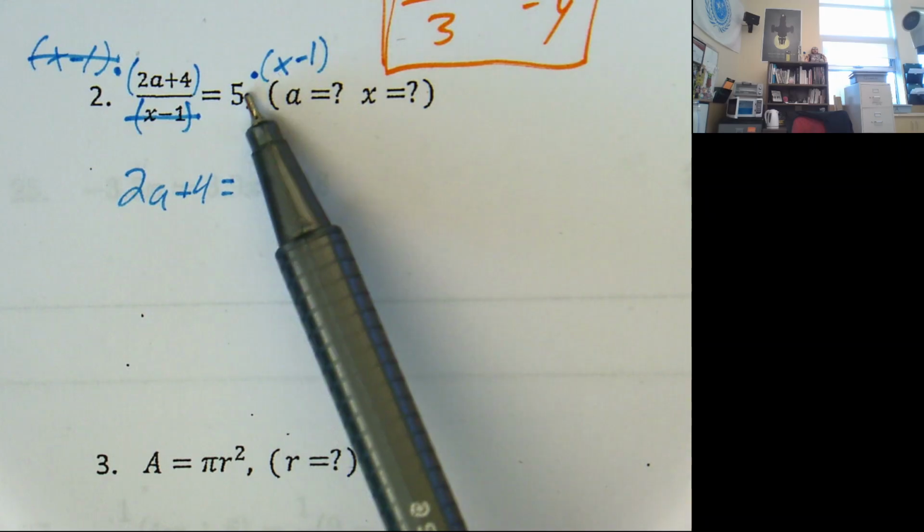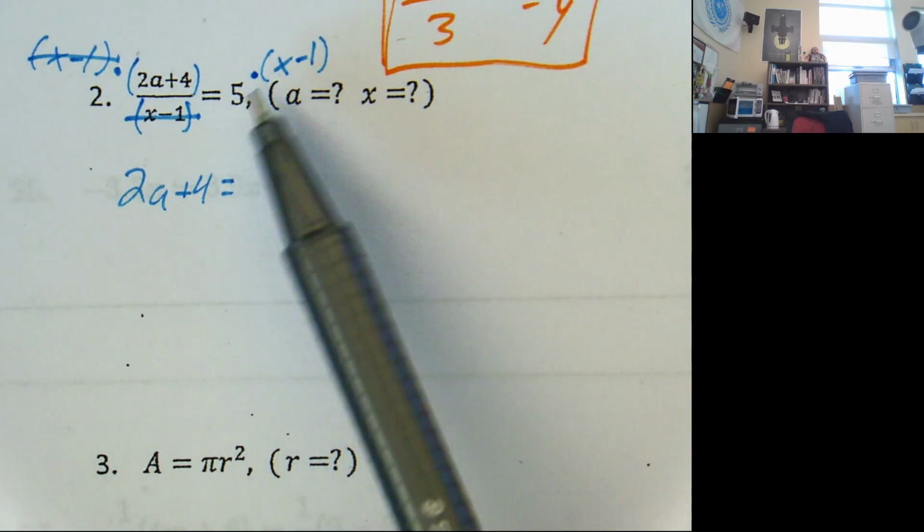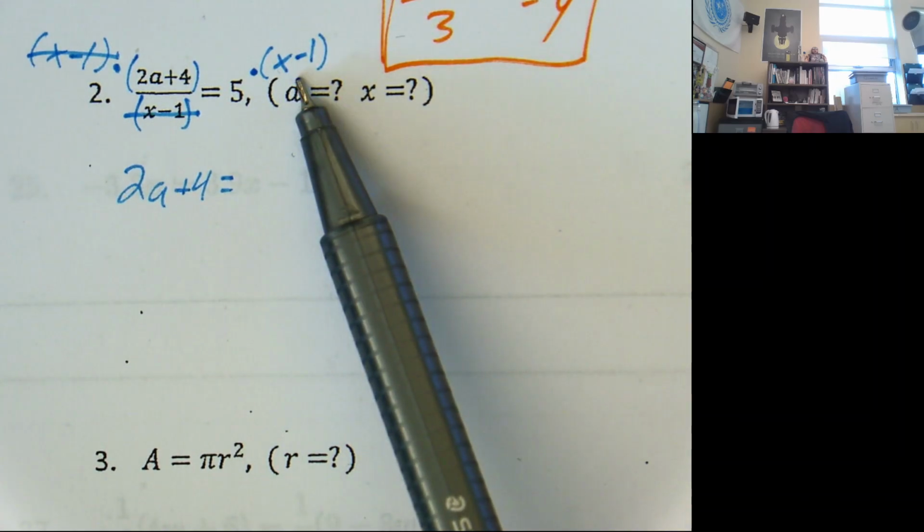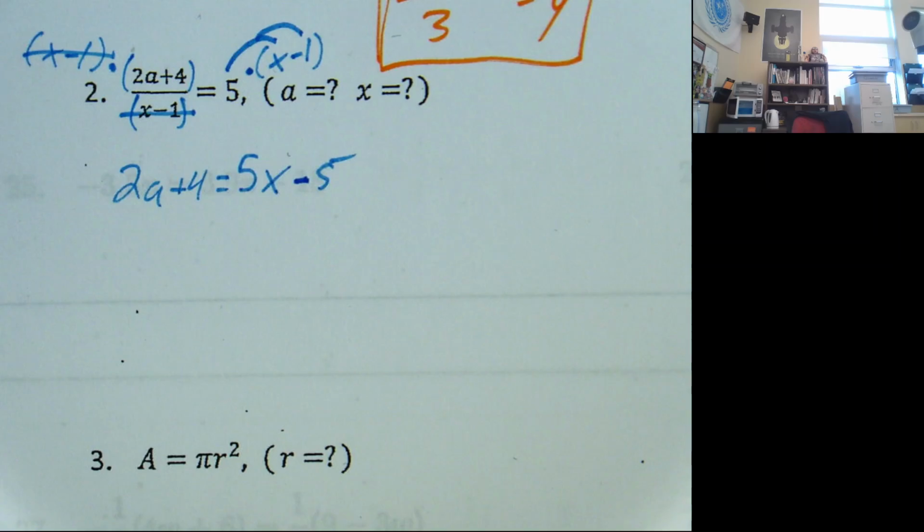What I want you to do here is actually do this multiplication. How do I multiply 5 by this binomial? Distribute. You have to multiply that 5 into both parts. So we're going to get 5x minus 5. Okay, now we're isolating for a.